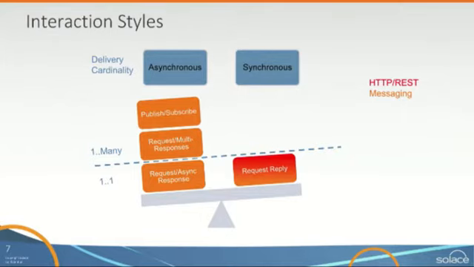Because of that, the HTTP REST protocol really supports this synchronous and one-to-one message exchange pattern, whereas messaging is more of an inherently asynchronous interaction style that supports publish and subscribe, request multi-response, request asynchronous response, all while still supporting request reply. And there are a lot of advantages to making use of messaging, and we'll talk about that.